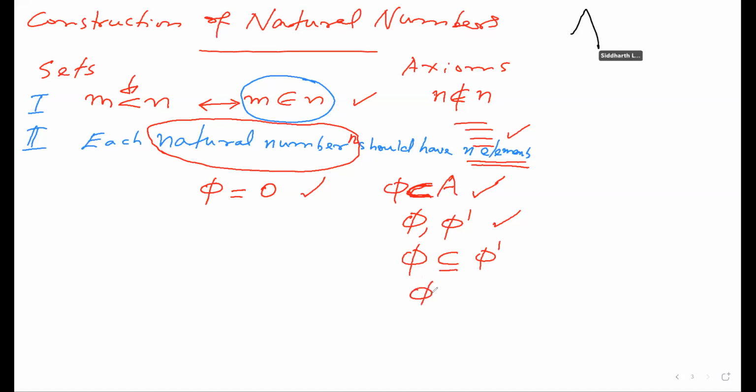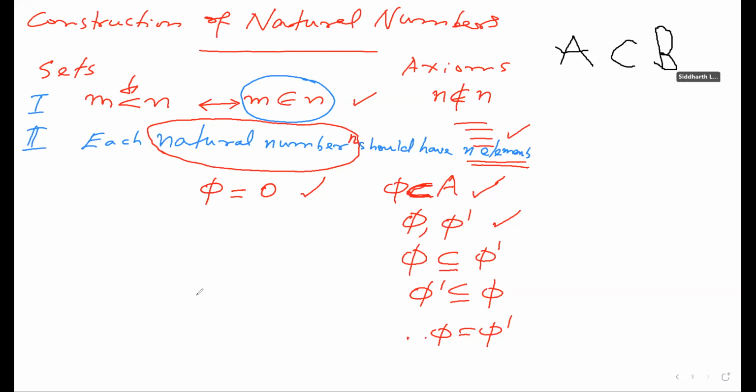And this empty set has to be in this empty set. Therefore, this empty set is equal to that empty set. Get it? So this is so beautiful. There is only one empty set.